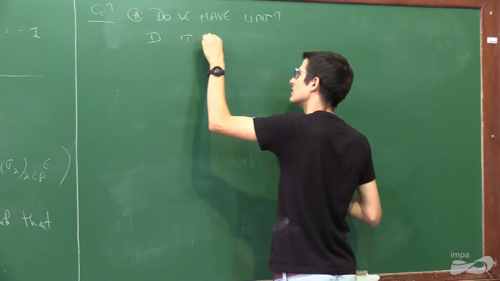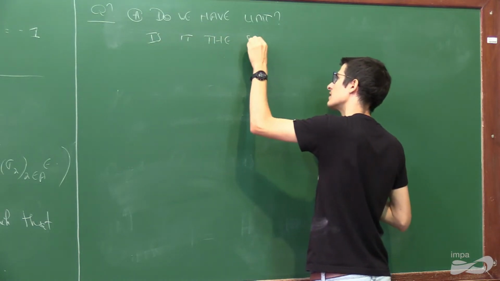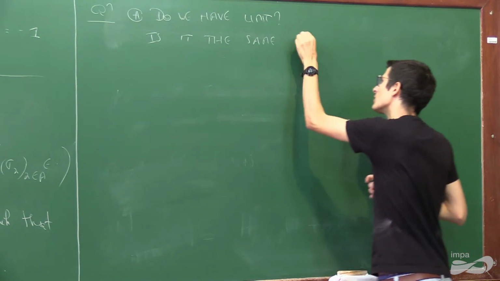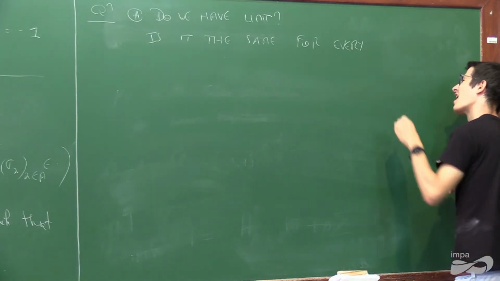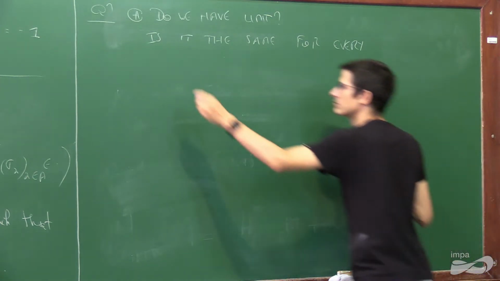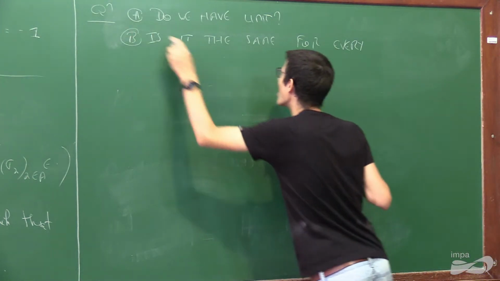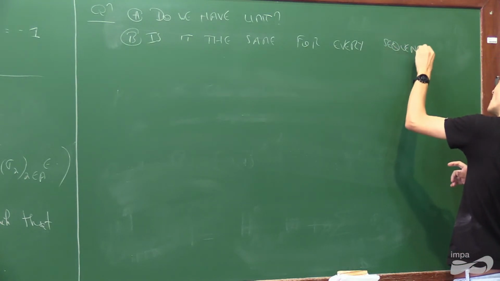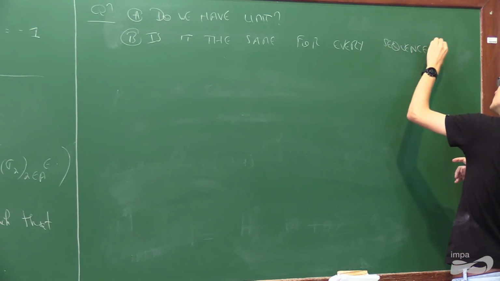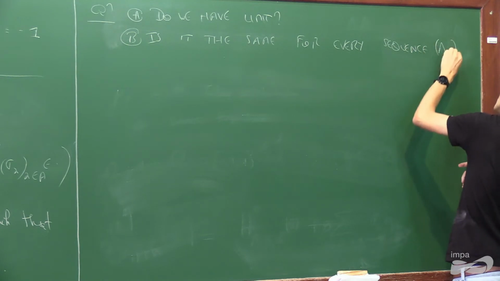Is it the same for every sequence lambda n?